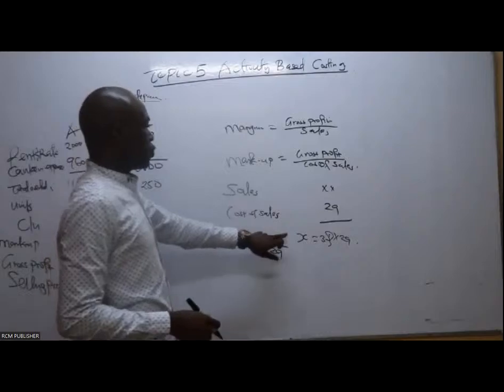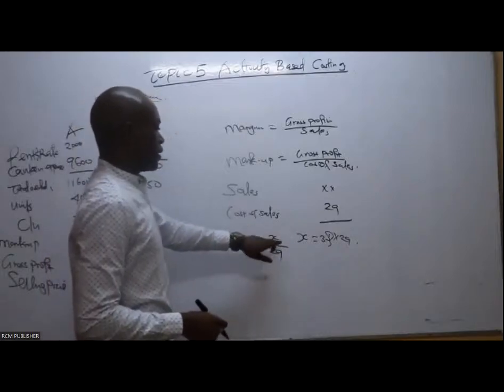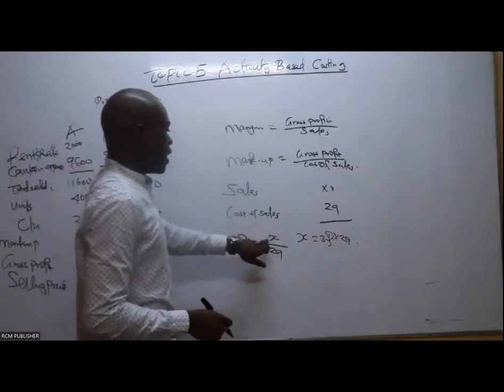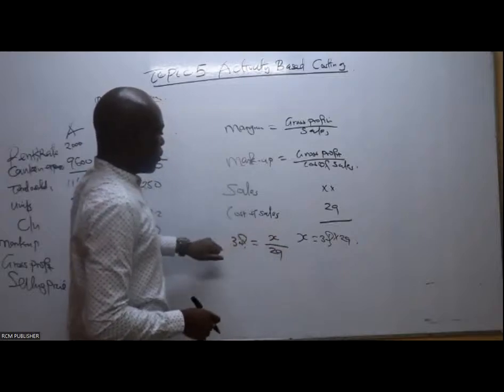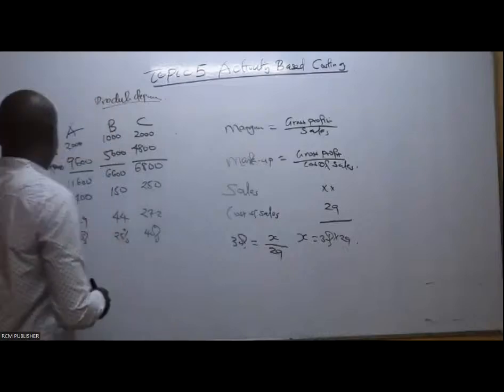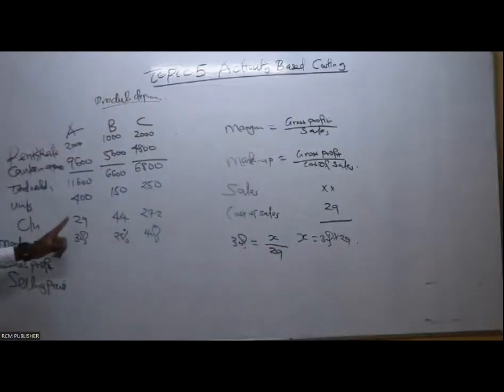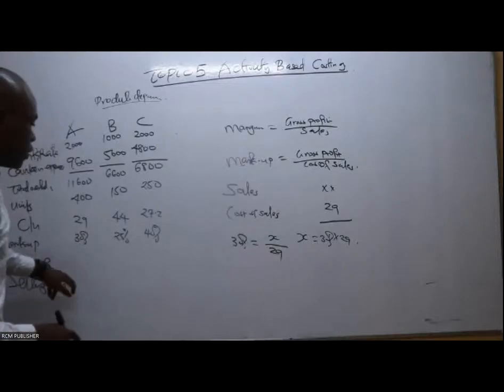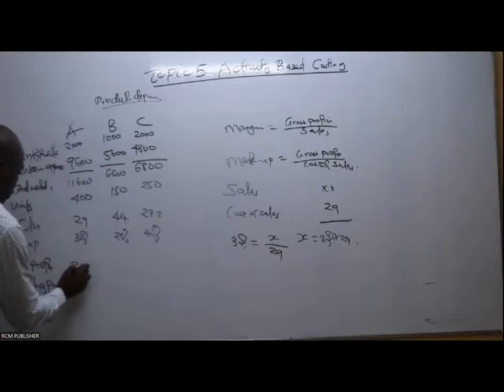Markup is equal to gross profit over cost of sales. Our gross profit is X. How do we get X? It is 30% multiplied by this. For the first one, I'm going to have 30% by 29 to give me gross profit. 8.7.